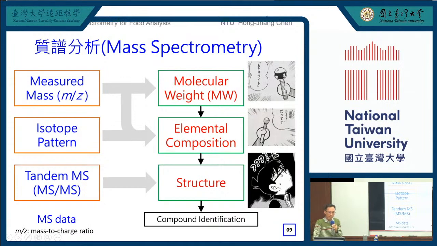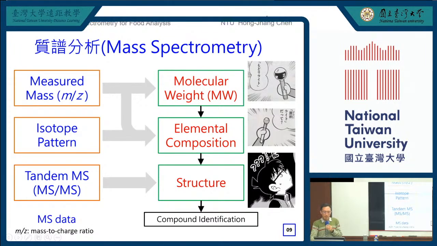And we can detect the isotopic pattern. If we know the isotopic pattern, we may detect the elemental composition. So we will know how many carbon, how many nitrogen, how many oxygen are in the formula. And then we do tandem MS to do the fragmentation, and use these fragments to predict the structure.